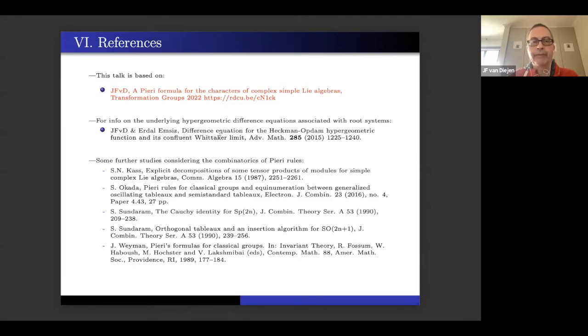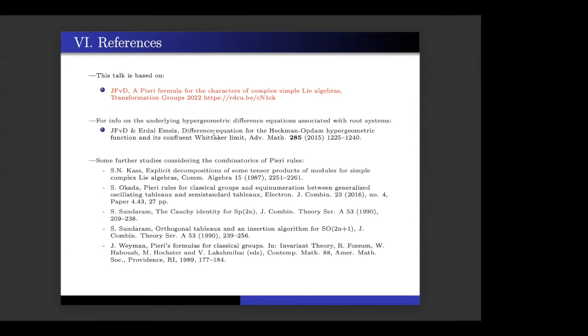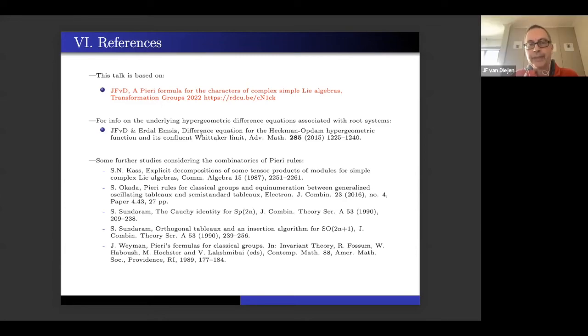Here in this paper with Erdal Emsiz, we derived the difference equation for the Heckman-Opdam hypergeometric function, and it's by degenerating this difference equation that we get this recurrence relation, which permits computing the corresponding tensor multiplicities.